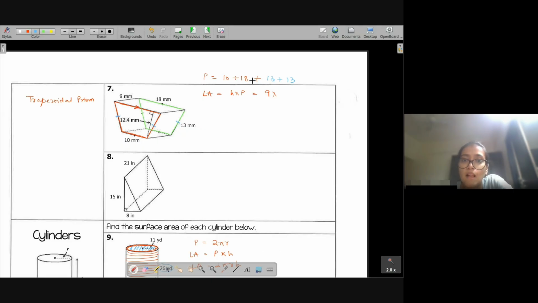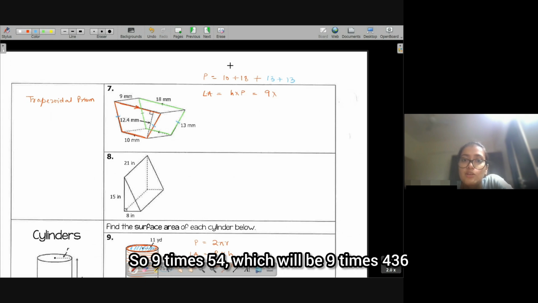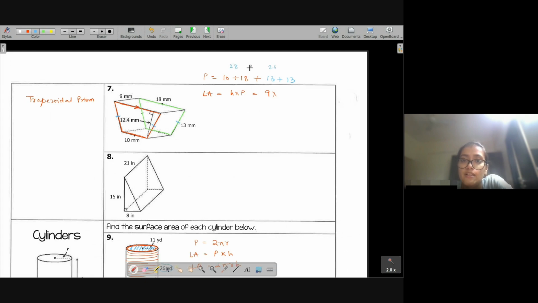We can add them: 10 plus 18 is 28, plus 26 is 54. So 9 times 54: 9 times 4 is 36, 9 times 5 is 45, making 486. 486 millimeters squared is the lateral area.